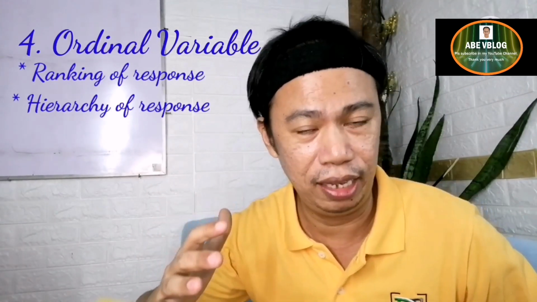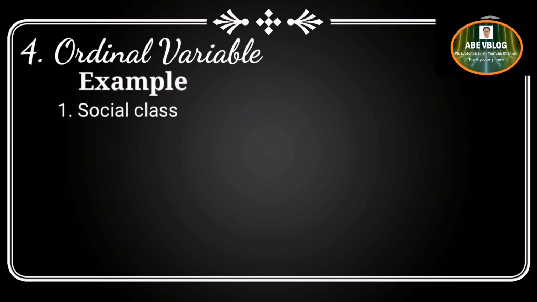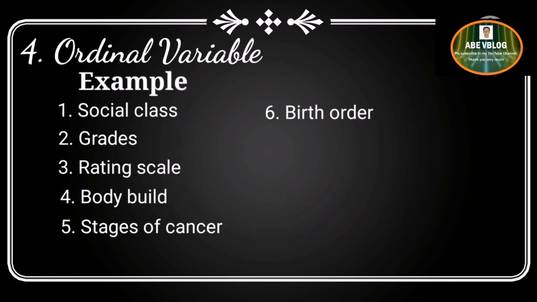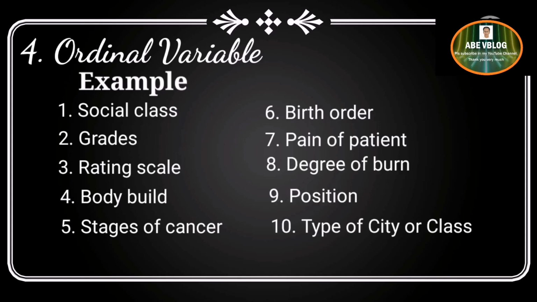Examples of ordinal variable: social class, grades, rating scale, body build, stages of cancer, birth order, pain of patient, degree of burn, position, and type of city or class.